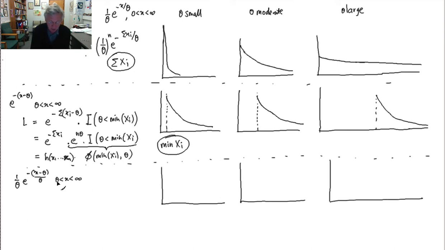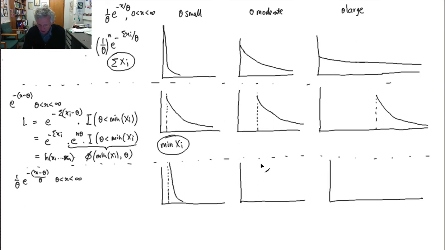So this has a cutoff of theta, but the spread also changes with theta. If I make theta small, well, sure, the cutoff is going to be in the same place, but the distribution will be like this. It will come down quite quickly because theta is small and 1 over theta is high.